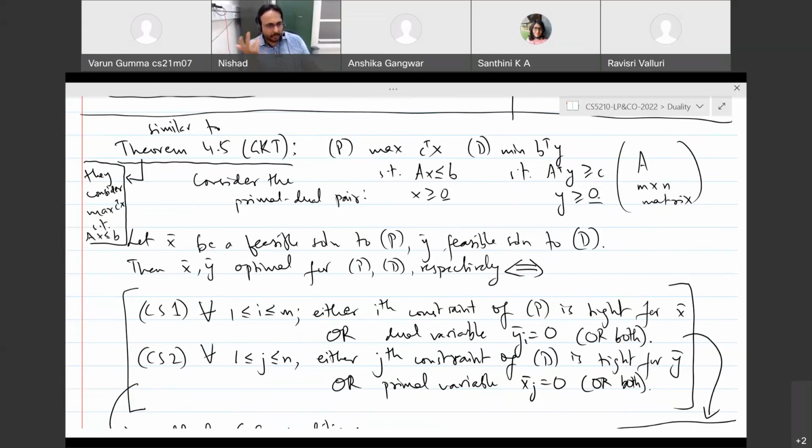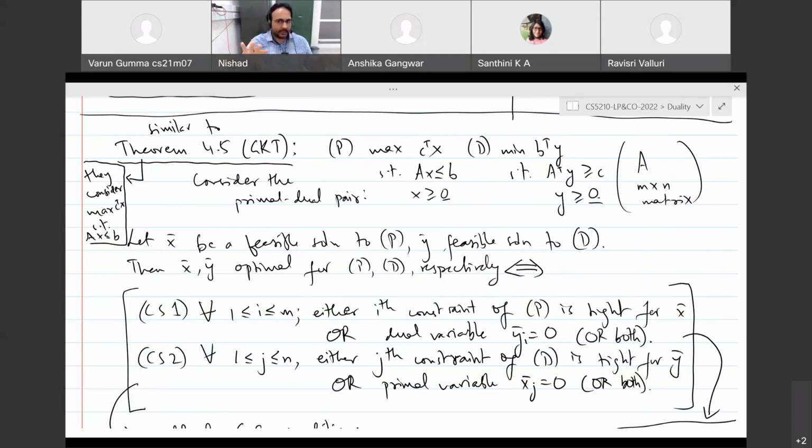It will have more complementary slackness conditions. Why? Because if you have a free variable, then the corresponding constraints are always equality. So saying that the constraint holds tightly or the variable is 0 is trivial because the constraint is already an equality constraint. Complementary slackness conditions make sense only when you have inequality constraints. If you have equality constraints, they are trivially true and will always hold. That's why I'm considering a form where everything is an inequality.